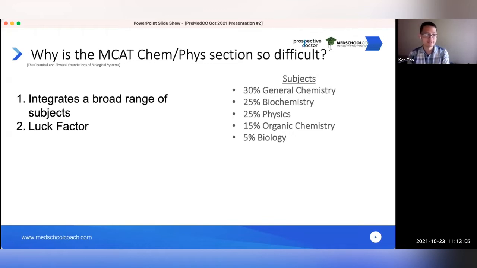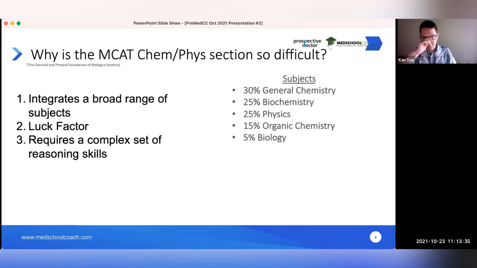If on their MCAT, it just happens to see physics questions on the physics concepts they understand better, they get a higher score. If instead it's physics questions that they're less familiar with, they get a lower score. So because of that, some students find it difficult to do well in the Chem Phys section because of this variation in the content. So the answer is actually pretty simple. Just make sure you're prepared for anything that the MCAT can throw at you.